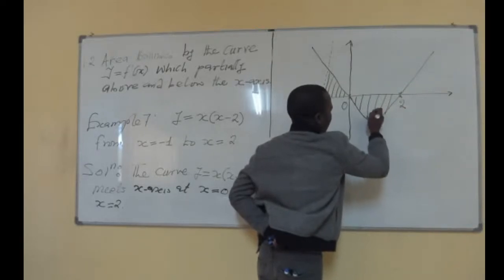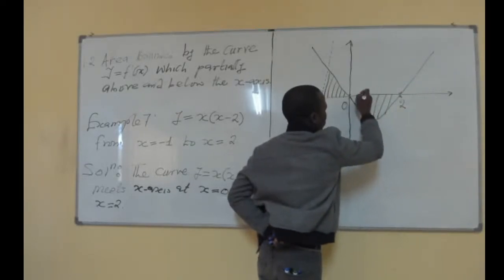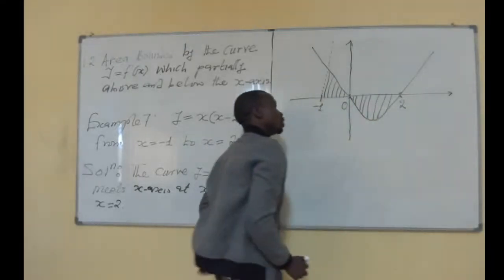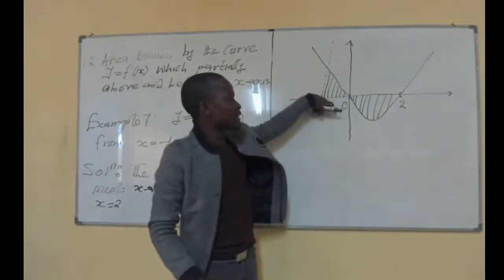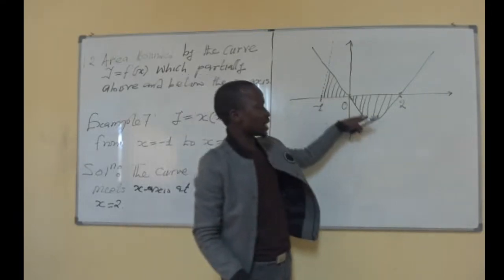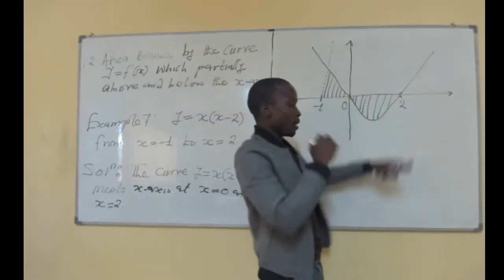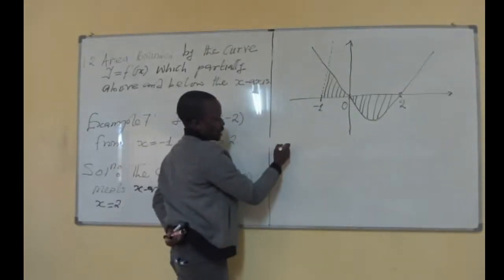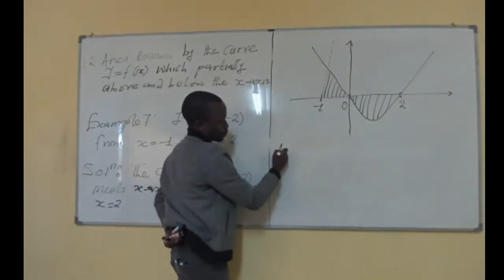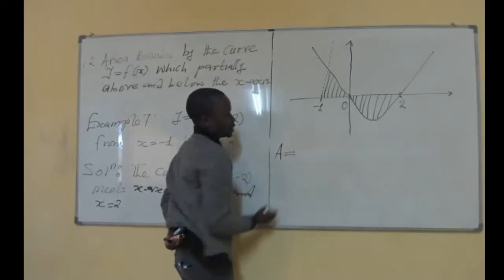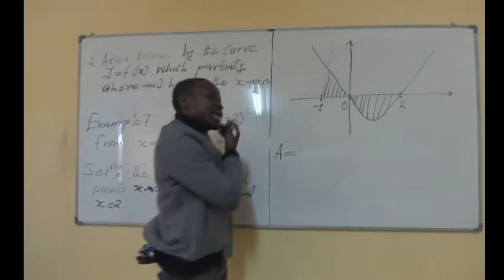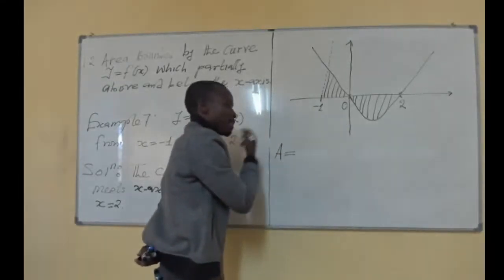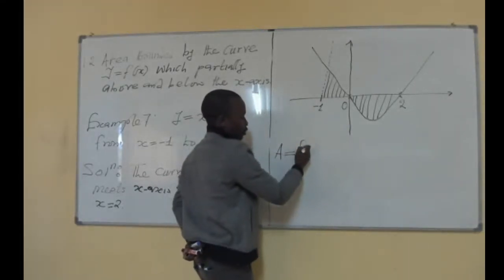So if you look at the shaded region, this is the region which is bounded by the curve, which is partially above the x-axis and also partially below the x-axis. So then now, using that formula, the area of this region, which is bounded by the curve, partially above the x-axis and partially below the x-axis, is equal to the integral.